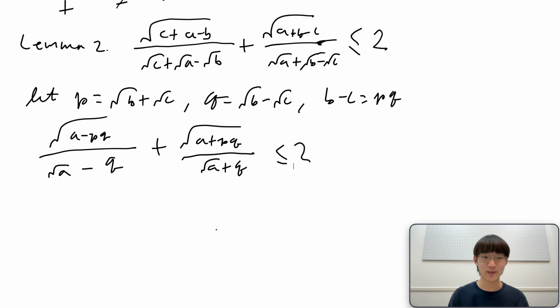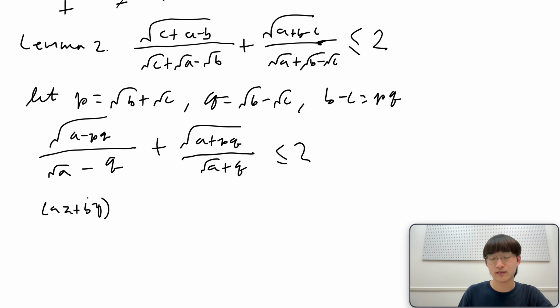Now, this is where the genius part comes in. I don't know how they thought of doing this, but they use Cauchy-Schwarz here, and the way they use it is really interesting. So, just as a reminder, the Cauchy-Schwarz inequality with two terms for four variables states that it's less than or equal to a squared plus b squared times x squared plus y squared.